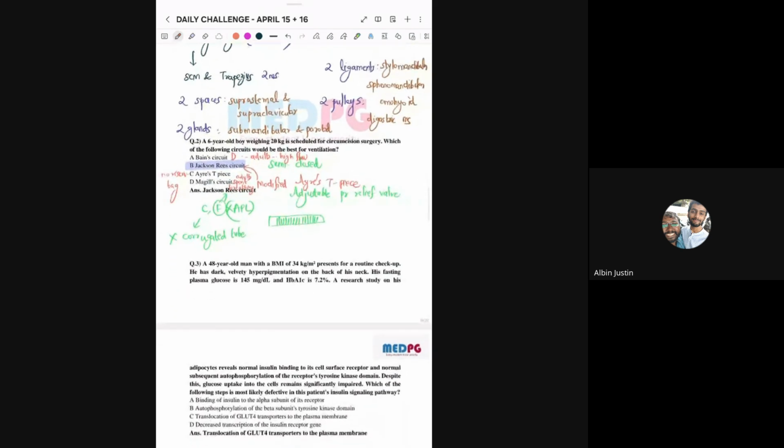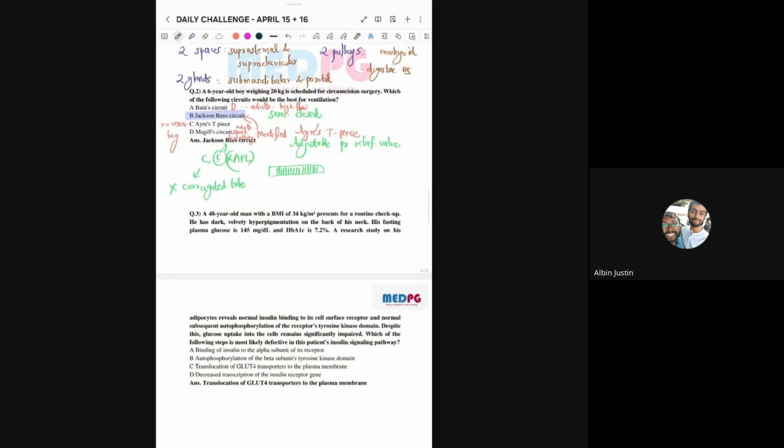Question number 3 says a 48-year-old man with a BMI of 34. Now, they are asking about the insulin signaling defect. This is a type 2 diabetes mellitus or insulin resistance case.